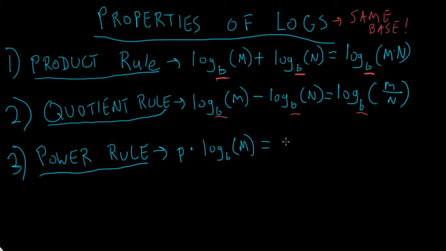This becomes log base m to the p power. So the p basically comes around and is brought to the power. These are our three rules that are going to be the basis of solving these types of problems, these three rules.